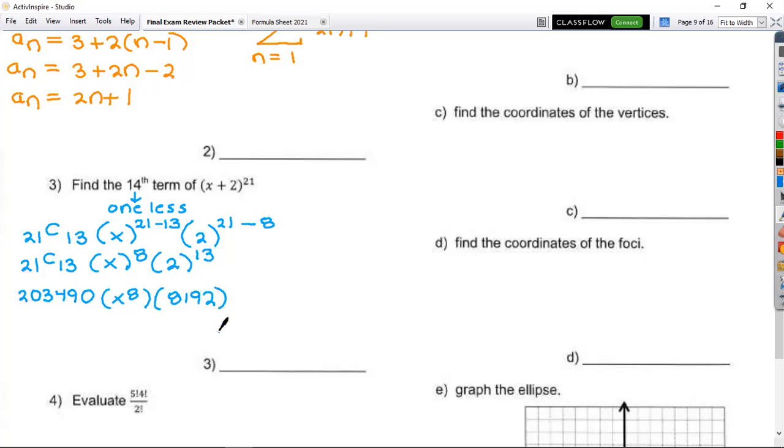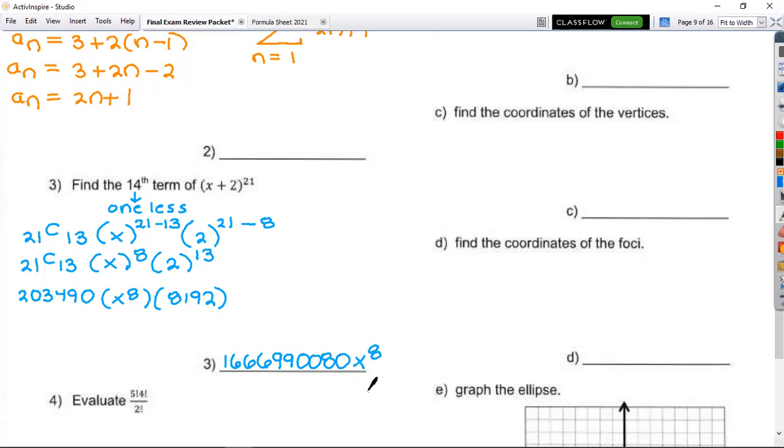All right, so your answer is 1,666,990,080 times x to the 8th power. Okay. The expansions are okay? They're not bad, it's just a little pattern.